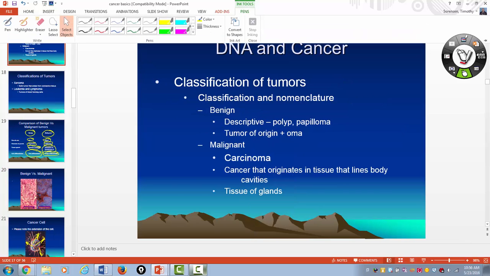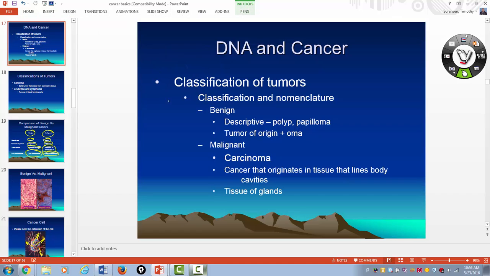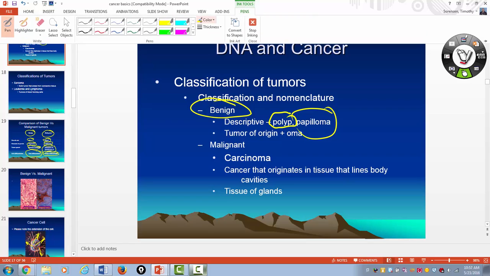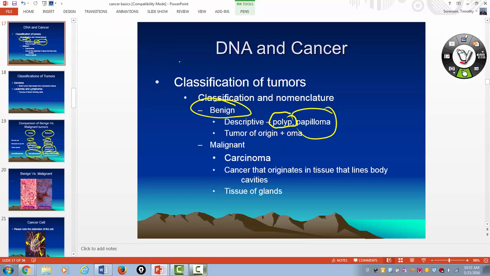Okay, the other thing I want to do for you is to classify tumors, right? So benign tumors, they tend to be described as polyps or papillomas, right? So you take the tissue of origin and add oma to it. Malignant, on the other hand, what they're talking about is the tissue type that it originated in.